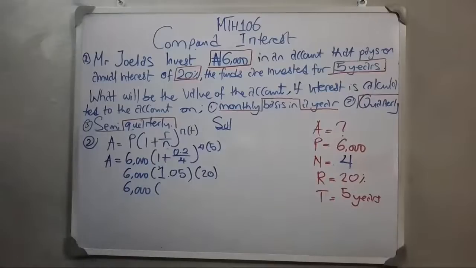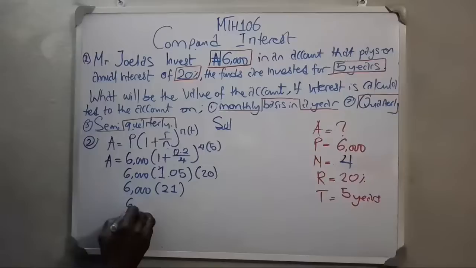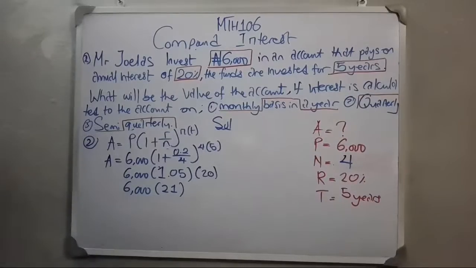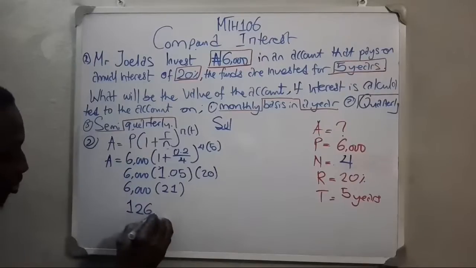So 1.05 now multiplied by 20, so we're having 21. All right, so 6,000 multiplied by 21, the answer is 126,000.